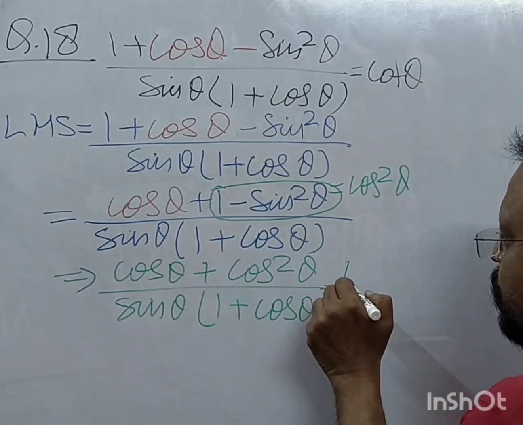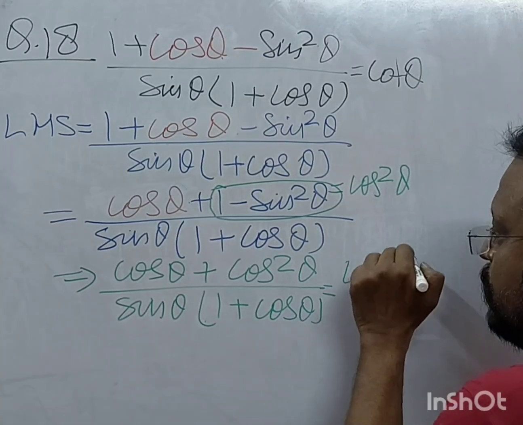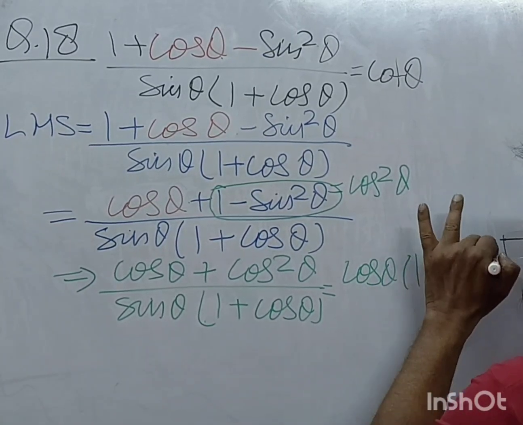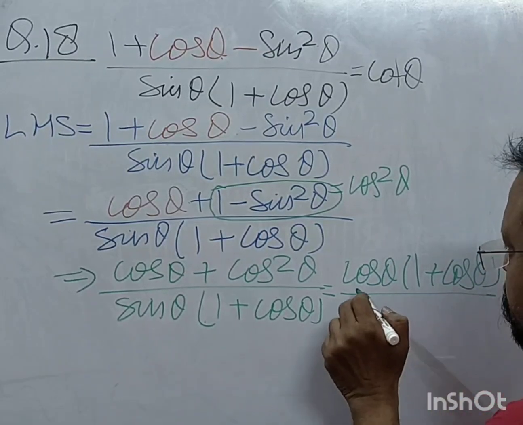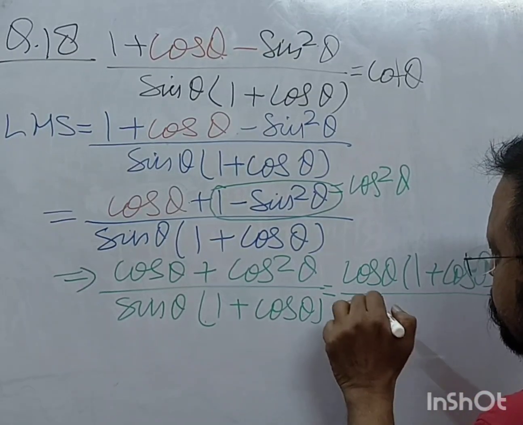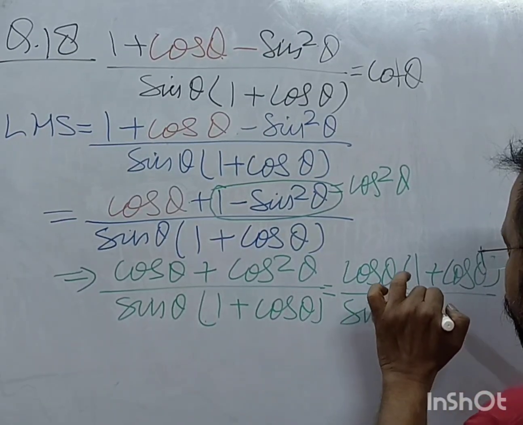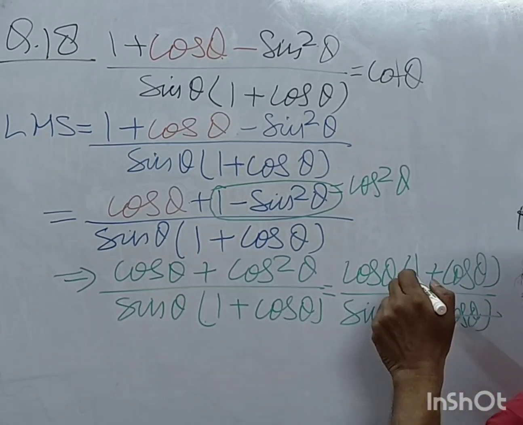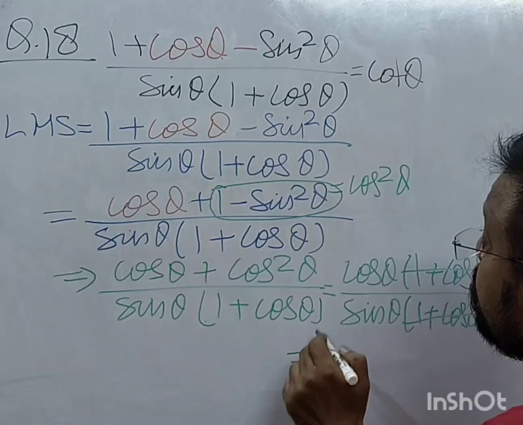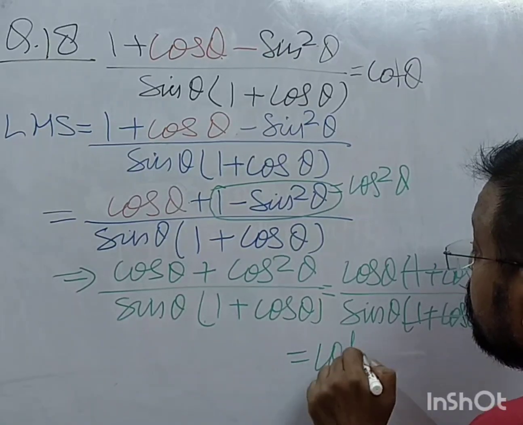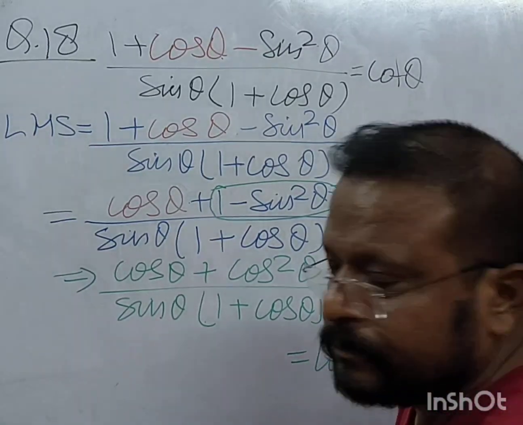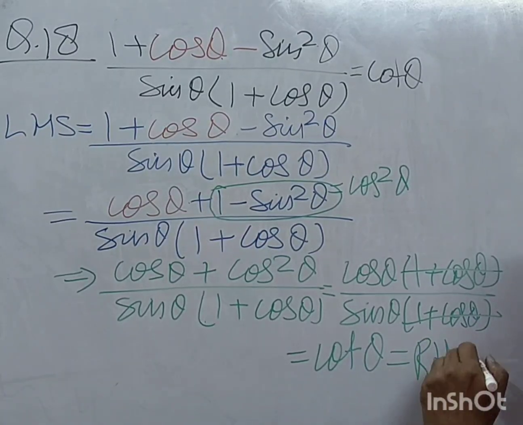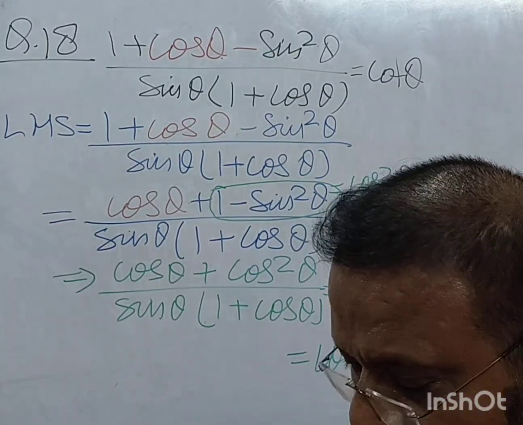We take cos theta as common, so we get cos theta (1 plus cos theta) upon sin theta (1 plus cos theta). This 1 plus cos theta cancels out, and you get cot theta. That is equal to RHS. I hope you understand.